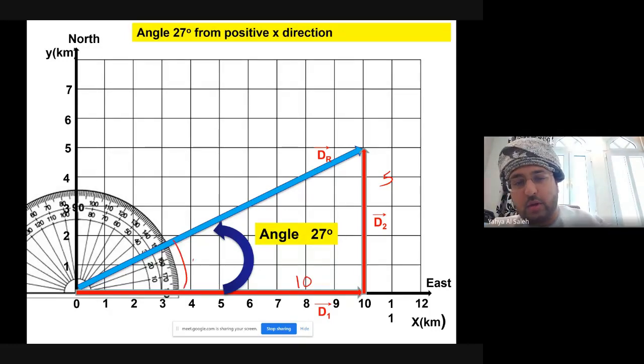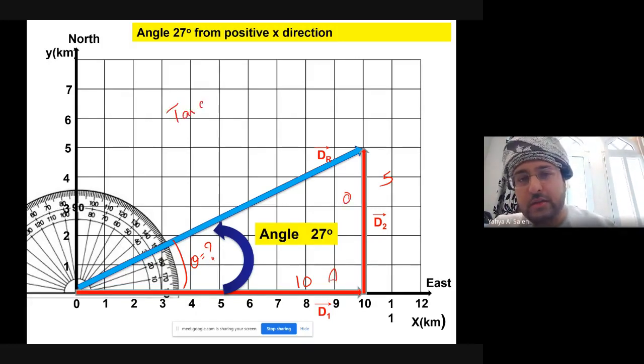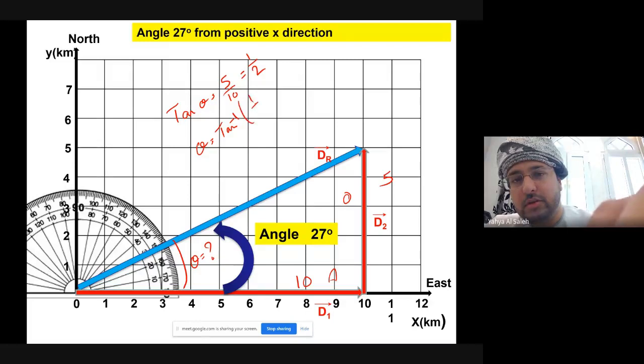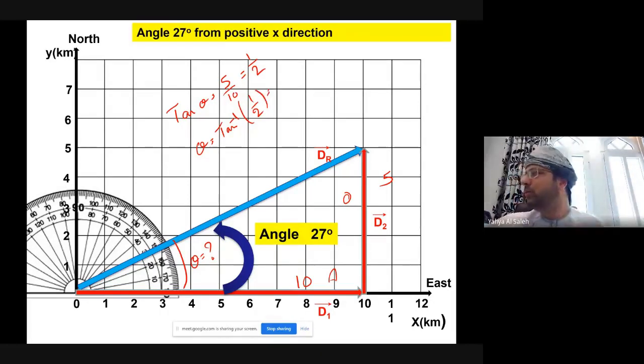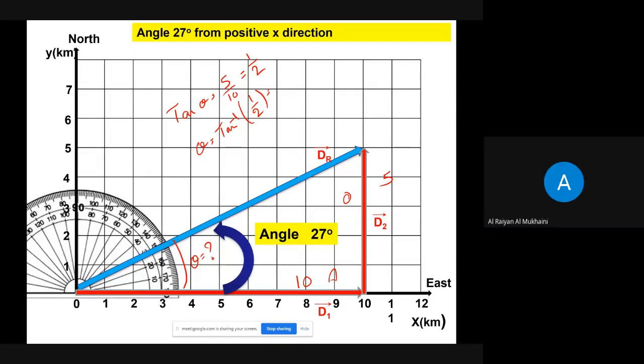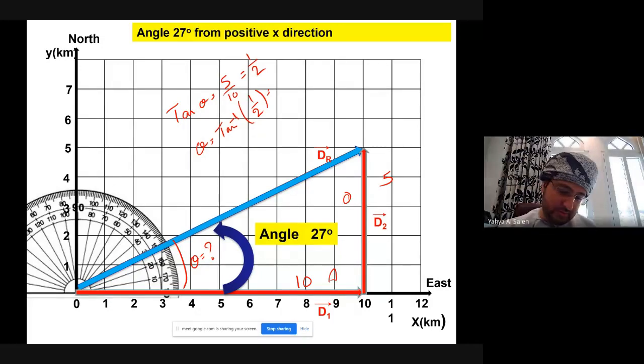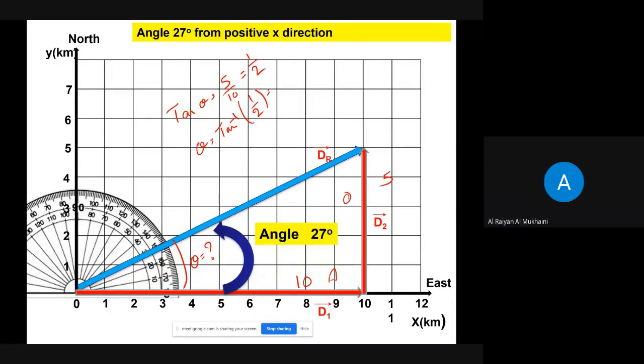This is the angle I want, theta. So this is opposite, this is adjacent. So I will do tan theta equals 5 over 10, which is equal to half. Theta is equal to tan inverse of half, which is equal to 26.56 degrees.